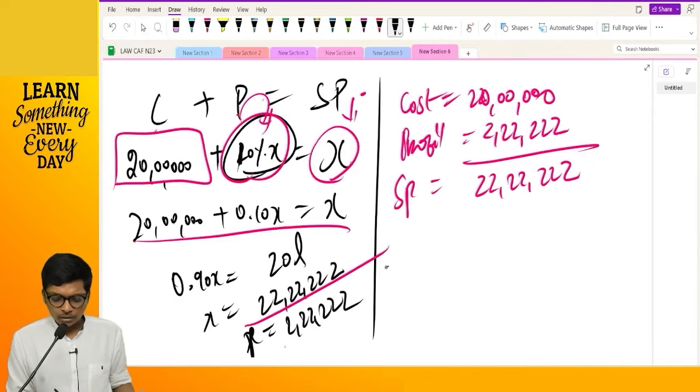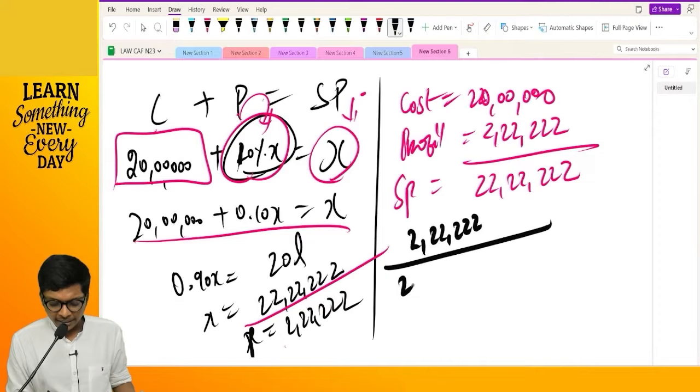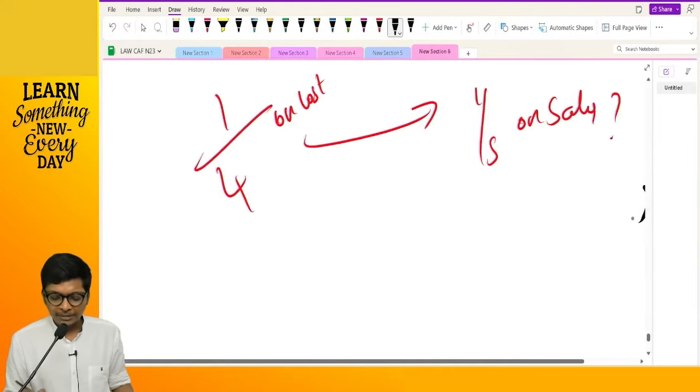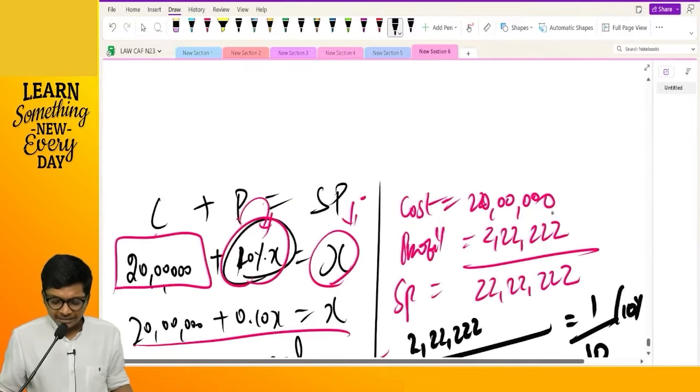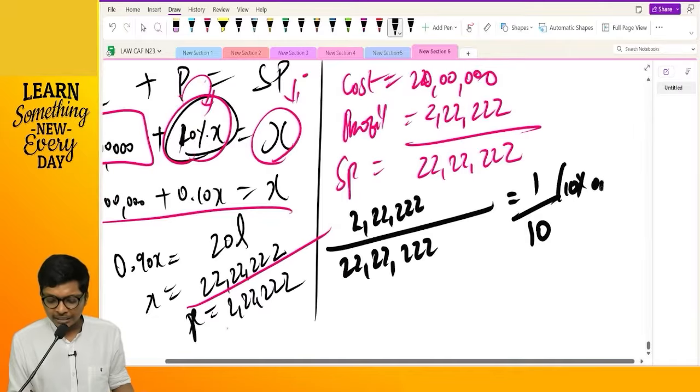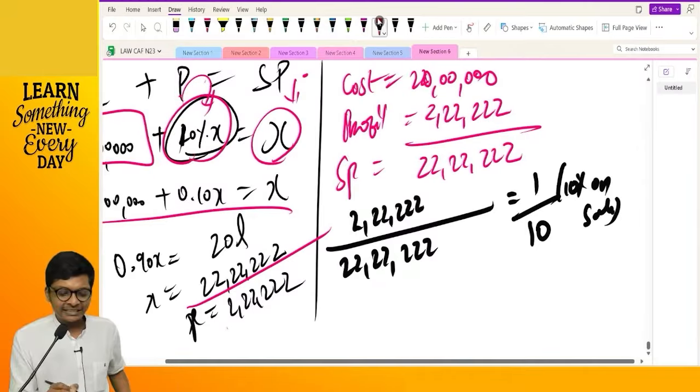Now you divide 2,22,222 by 22,22,222. How much are you getting? 1 by 10. In fraction you tell me, 1 by 10, which is nothing but 10%. Correct? That's what is given in the question, 10% on sales.